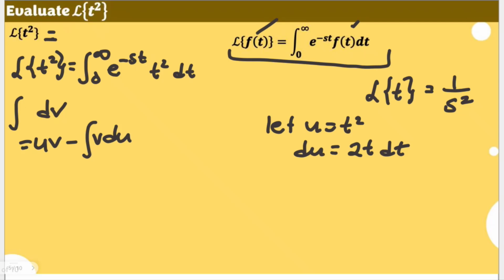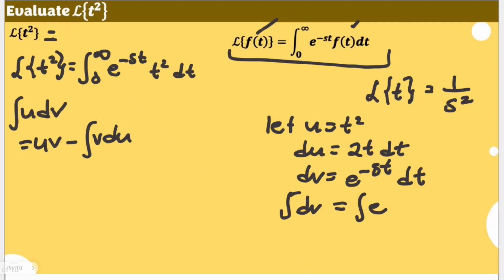Let me correct, this is actually u. Okay, so we also need dv, and we need v starting from our dv. So our dv would be e to the power of negative st dt. So the integral of dv is equal to the integral of e to the power of negative st dt.